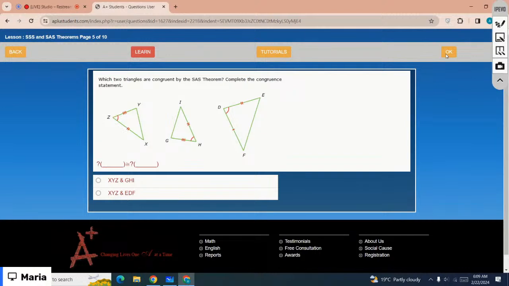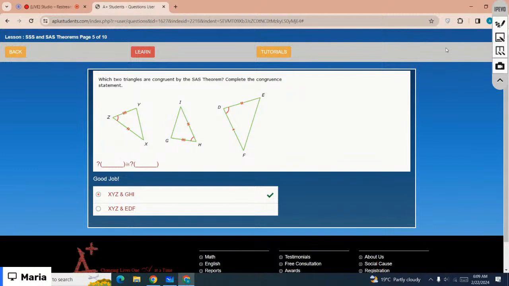That is XYZ and GHI. Option number 1 is the correct option. XYZ and GHI are the congruent triangles.